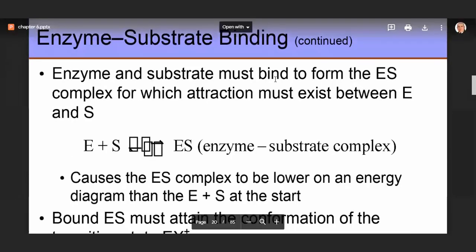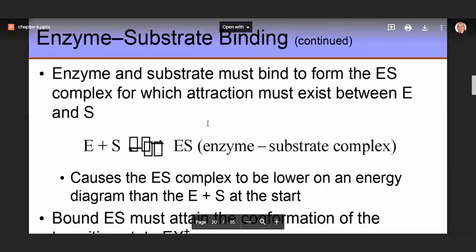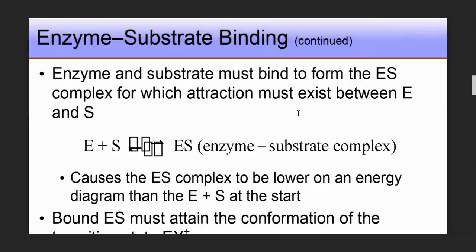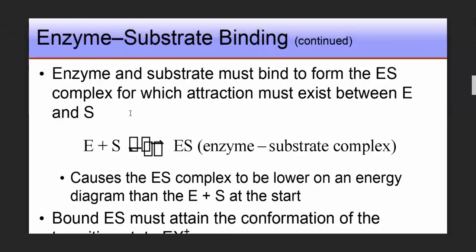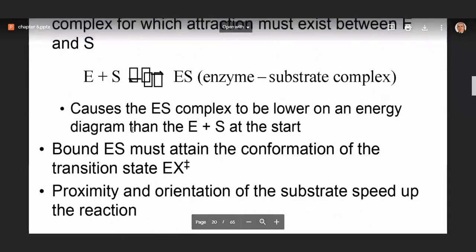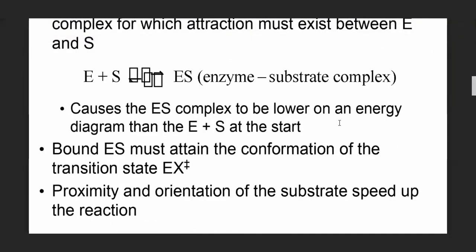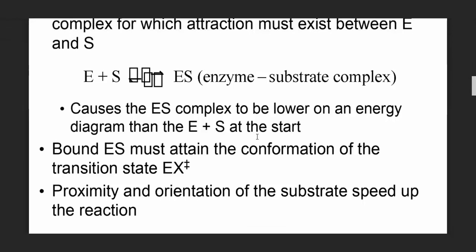Now, enzyme and substrate must bind, as we said, in order to form the enzyme-substrate complex, for which attraction must exist between enzyme and substrate. So E plus S forms ES, the enzyme-substrate complex. This causes the ES complex to be lower on an energy diagram than the E plus S at the start.